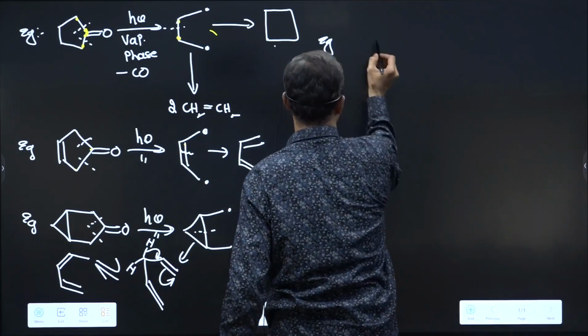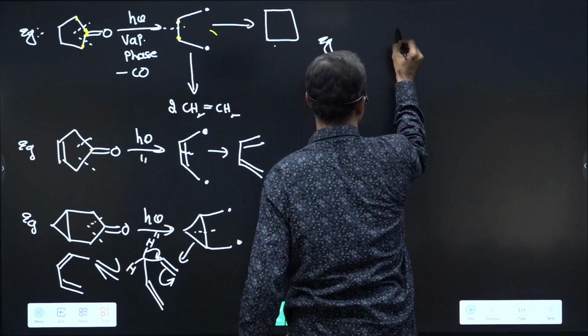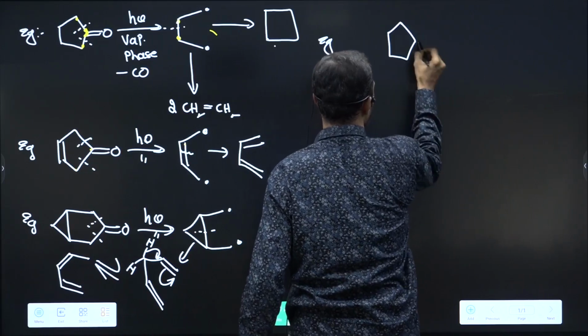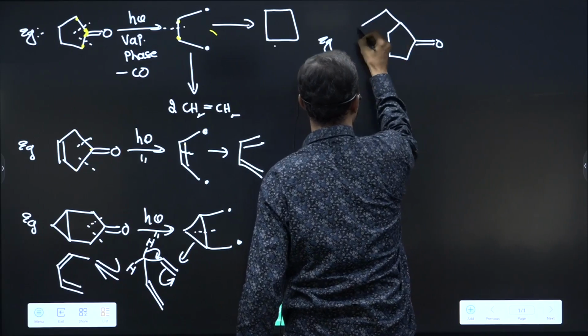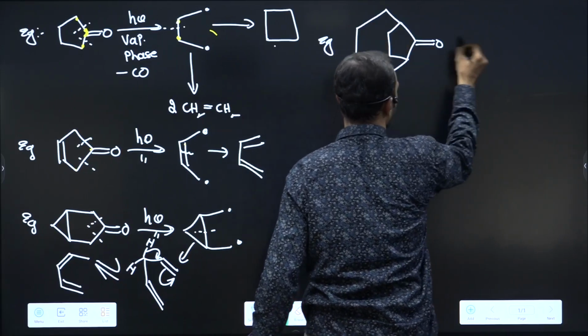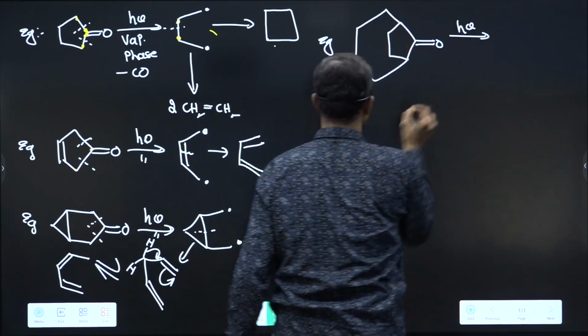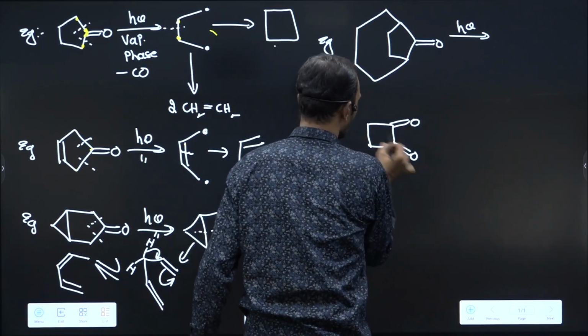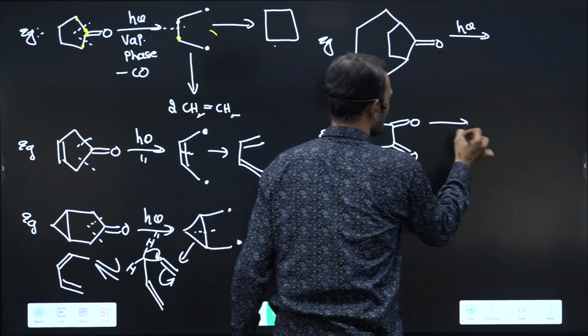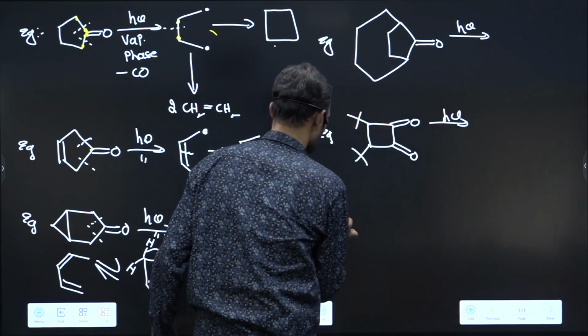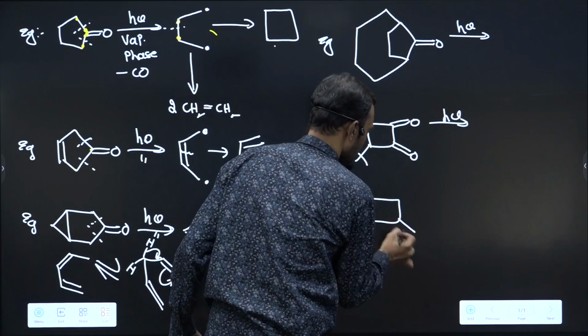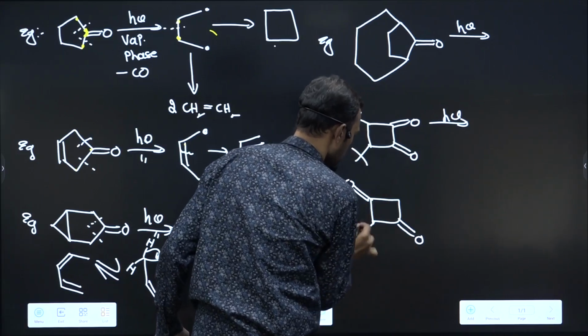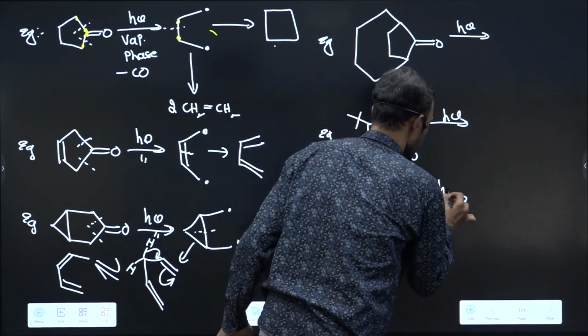So give the answer for this. This is C double bond O, 1 2 1 2, and it will be connected. Photochemically, what is the answer? If more than one double bond is present, C double bond O, C double bond O, photochemically what is the answer?